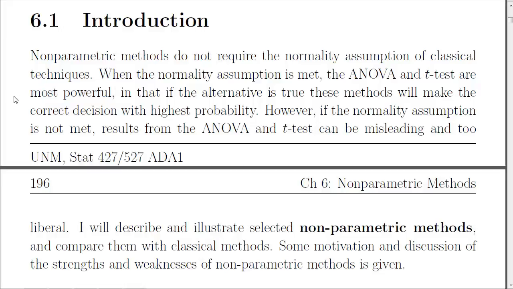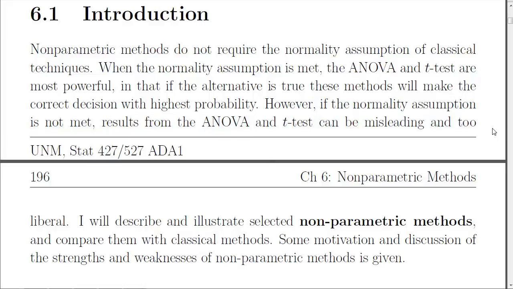When the normality assumption is not met, then we shouldn't trust those methods and instead resort to nonparametric methods. And we'll talk about the strengths and weaknesses of these methods. In particular, I want to start off just by mentioning a point I'll emphasize later.